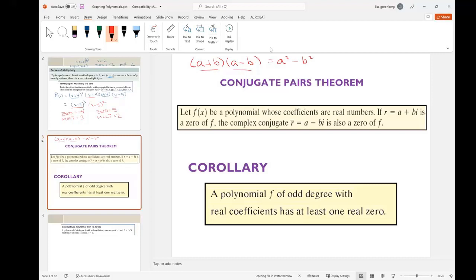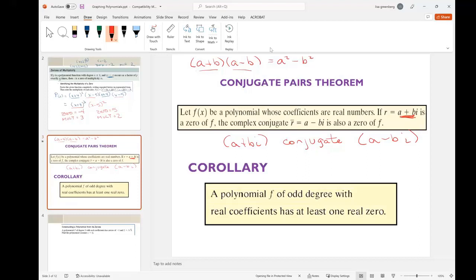If I'm talking about something with a complex value, if I have some A plus BI, my conjugate is A minus BI. Okay, so that's what conjugates mean.